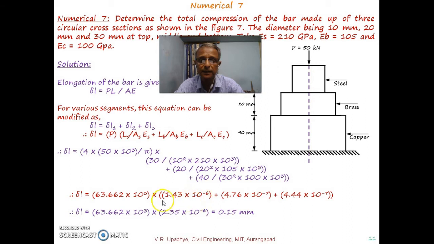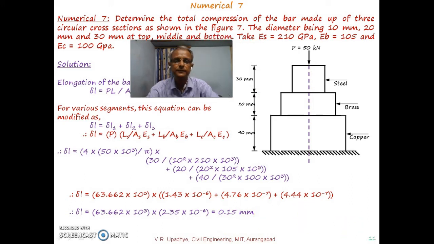Then it will give you the change in length of steel. If it is asked to find the change in length of brass, then the second part, LB upon EB multiplied with P, will give you that value. So these three values you can calculate separately, write the answers, and add them together to give the total change in length. That way also it can be asked.